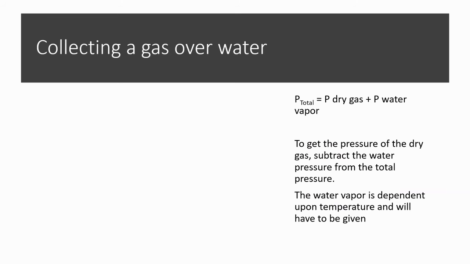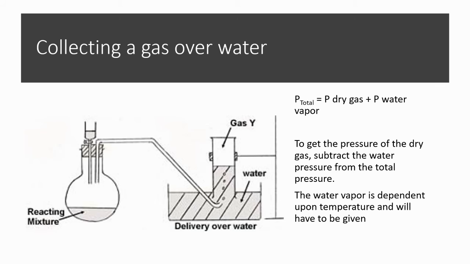Okay, so the other reason we teach you this is if you do some labs, it's often a case where you'll collect a gas. So you'll do a reaction and a gas will form, and then that gas will escape through this tube and then collect over water. And we just do that so that we can see the volume of that gas that's produced.